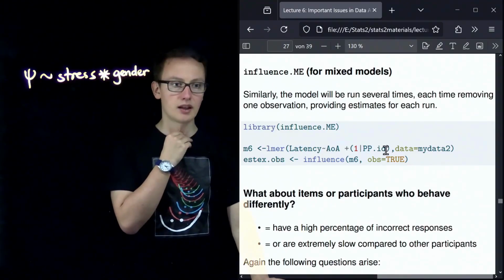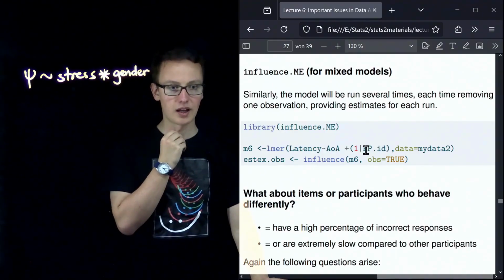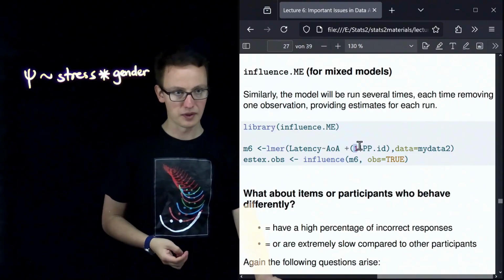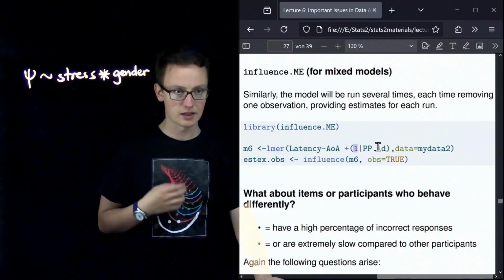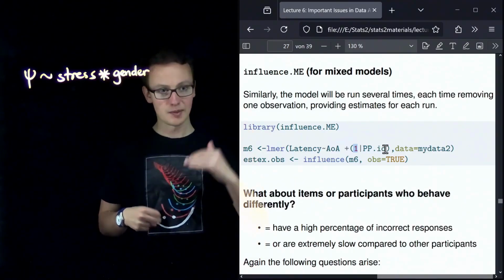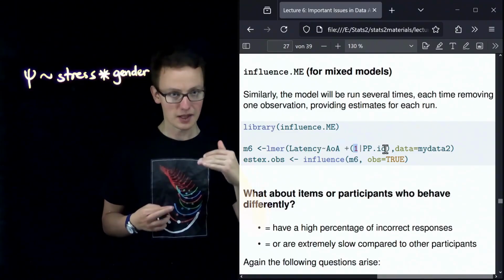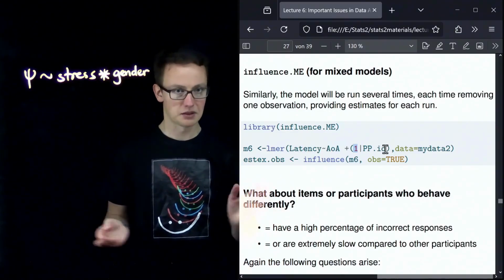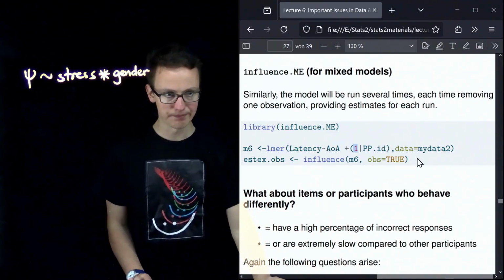In this case we fit it with the by-participant intercept only. So we want to have adjustments for the intercept for each participant individually. Classical simple mixed model situation.